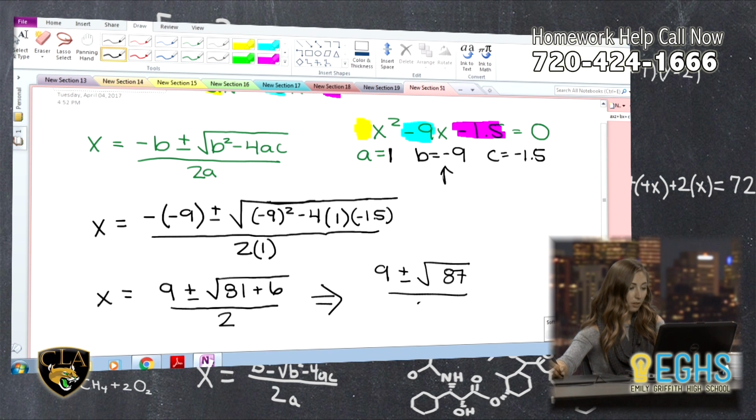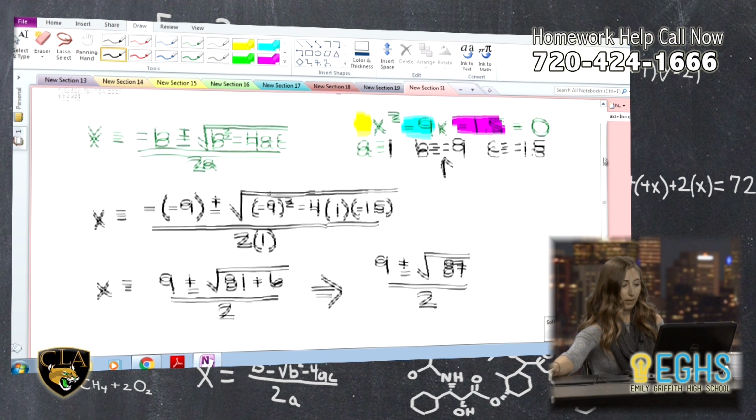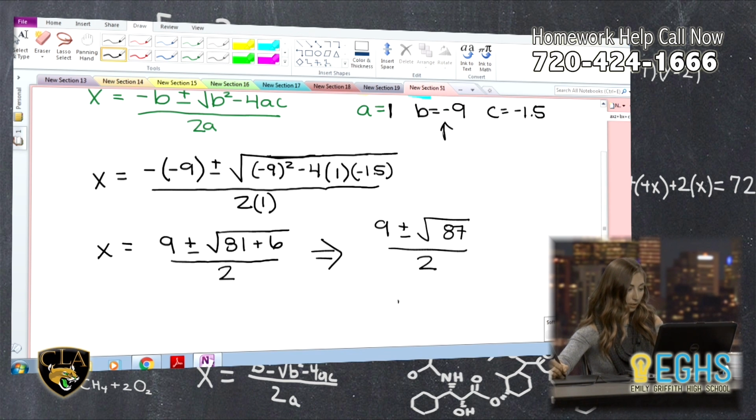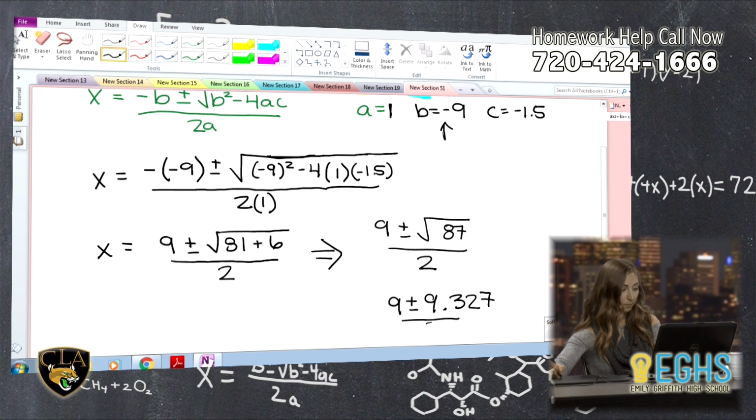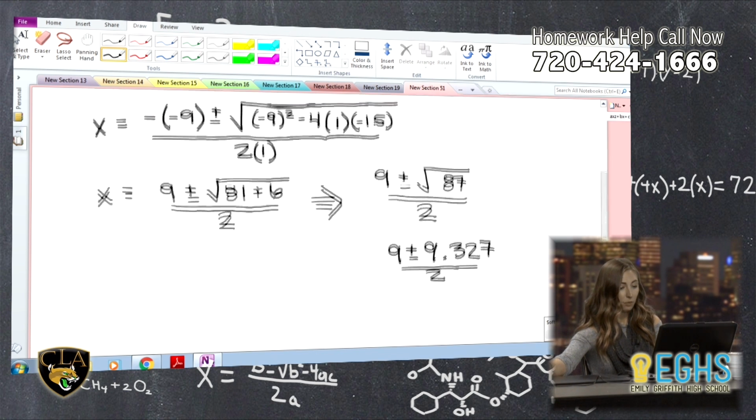which is not a nice one, over 2. This is where I'm going to grab my handy dandy calculator because the square root of 87 is not a super nice number. And we're going to estimate at this point. So I've got 9 plus or minus, and the square root of 87 was 9.327 over 2. Now I'm going to have two answers for this.